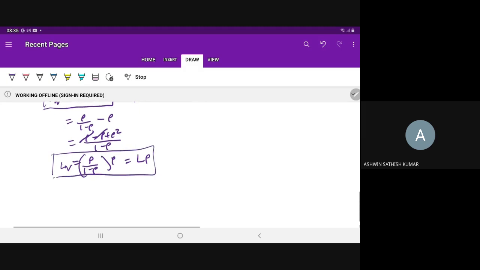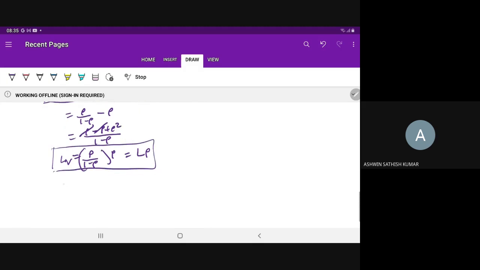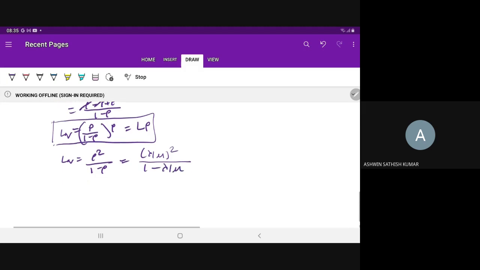Another formula you have derived is LQ is equal to rho square upon 1 minus rho. That can be written as lambda upon mu whole square upon 1 minus lambda upon mu.